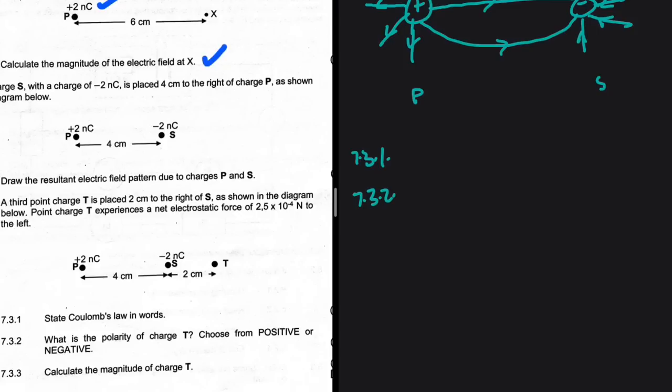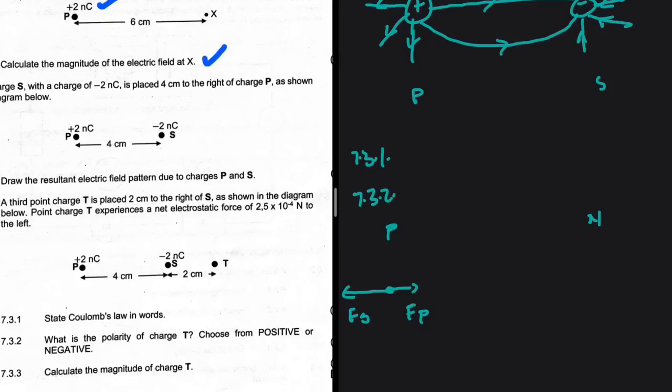So let's take a look at the two cases where it is positive and where it is negative. If it is positive, S and T will be attracting, so this will be the force as a consequence of S. But what about the force as a consequence of P? P and S have the same magnitude, but because P is so far away, we expect the magnitude of the force as a result of P to be smaller.